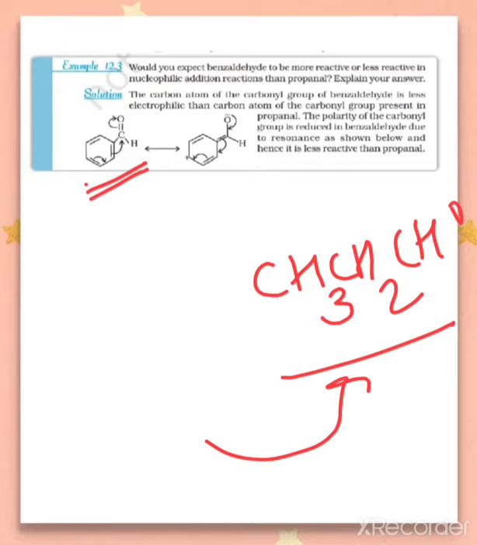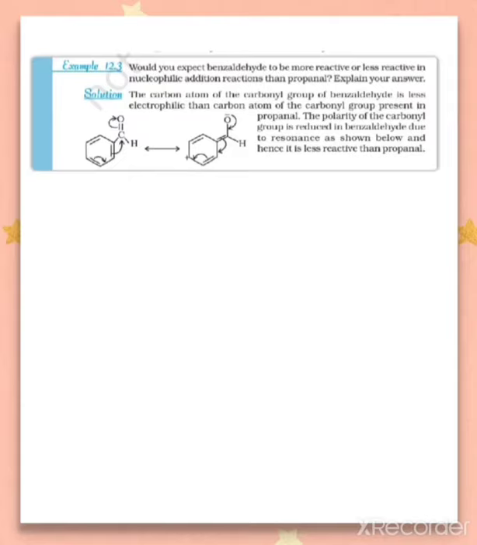As we have already discussed in the video session, in the aromatic aldehyde there is resonance, which is important here. Because of the resonance, the polarity of the carbonyl group gets decreased, that is, the partial positive charge on the carbon gets reduced. So the nucleophilic addition reaction also decreases.